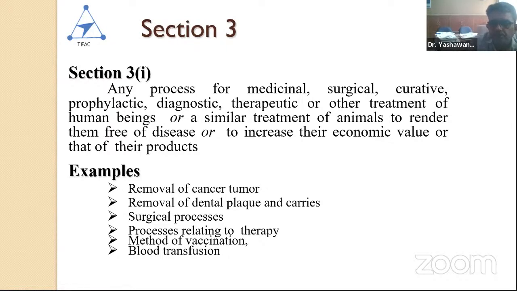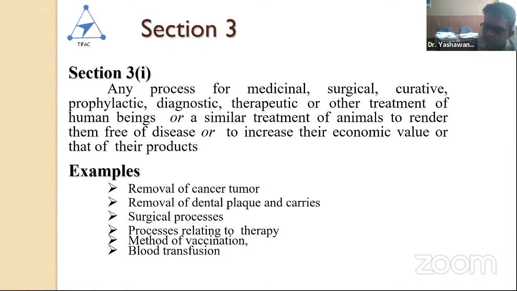So any process for medicinal, surgical, curative, or any method of treatment of human beings or treatment of animals to render them free of disease or to increase their economic value, or that of their product, will not be subject matter of a patent.